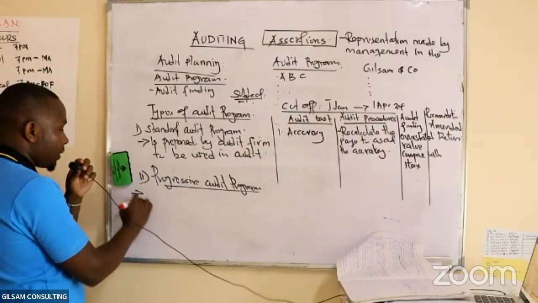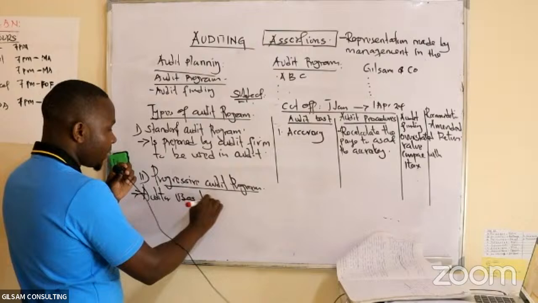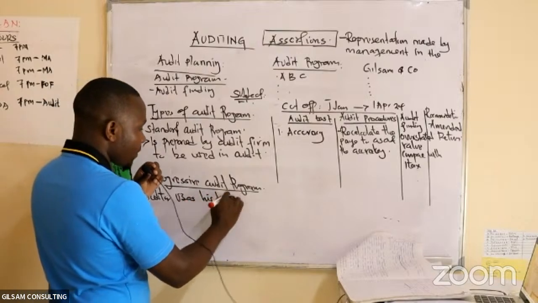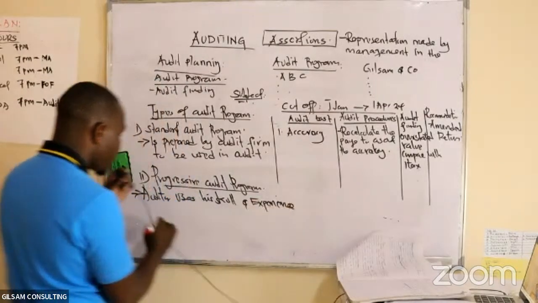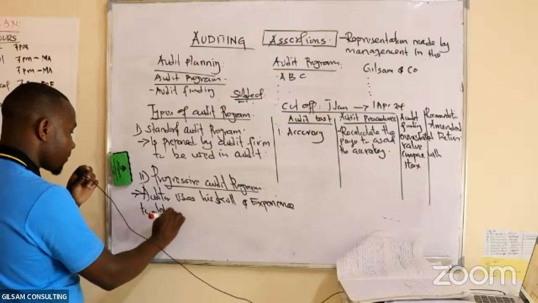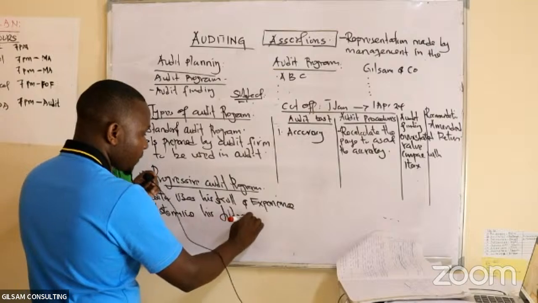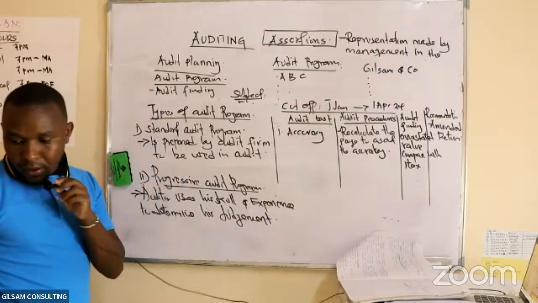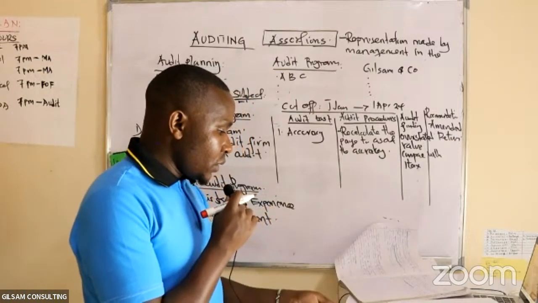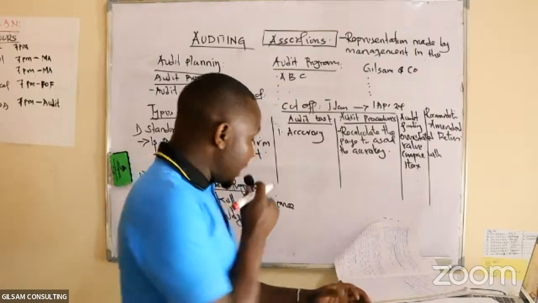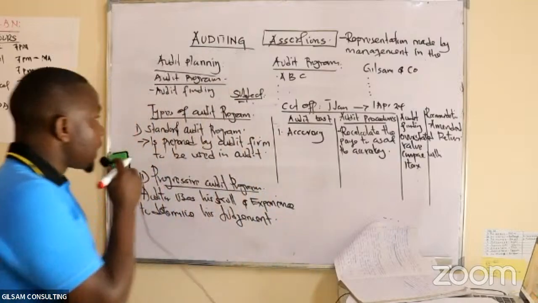So this one is, the auditor uses his skills and experience to determine, it is a judgment, because he has to be amending each and every time there is a change in the audit program.